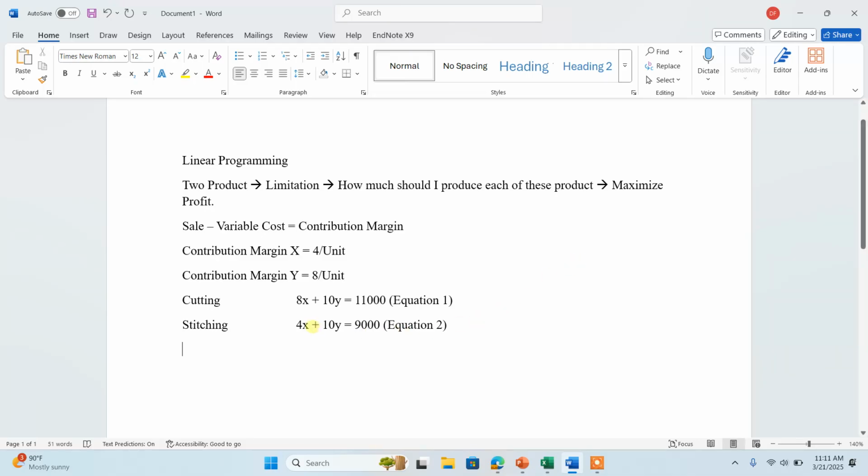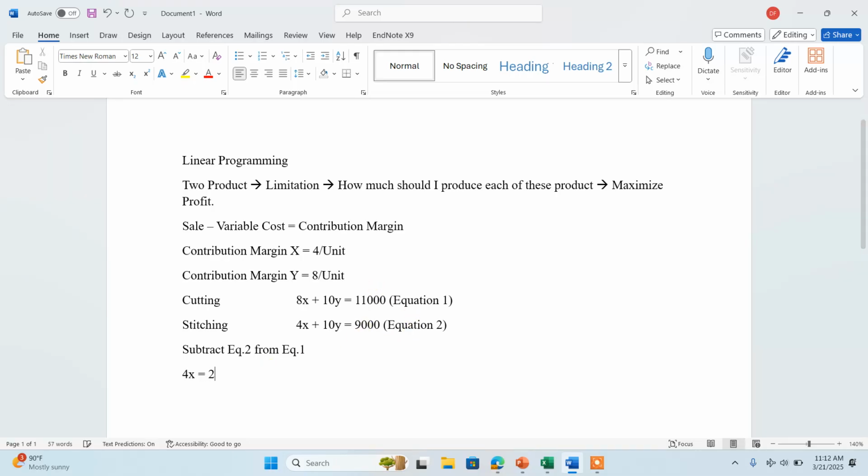I can subtract equation 2 from equation 1. If you deduct it, you will get 8 minus 4 is equal to 4x, and 10y minus 10y is equal to 0y, so no need to write y.